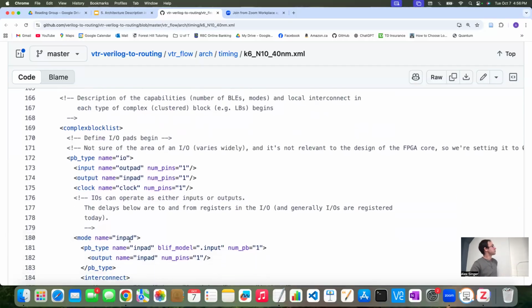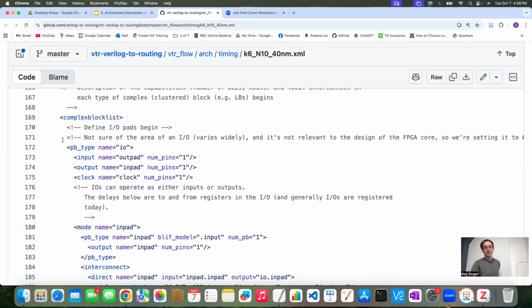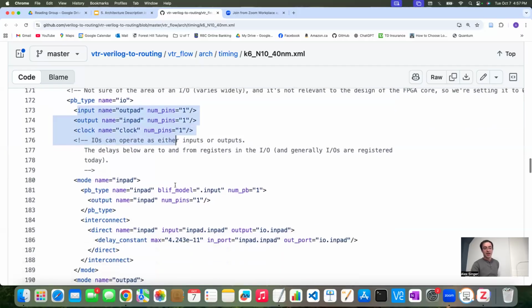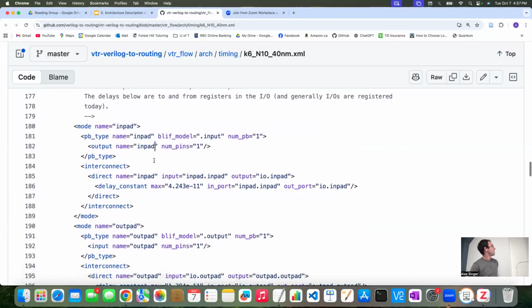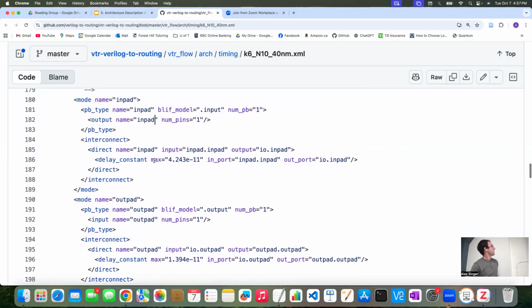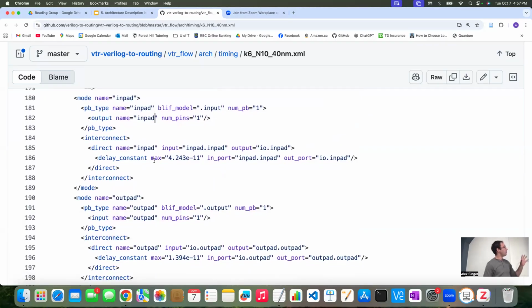But this is actually really close to what I showed in my slides. We're going to have a PB type named IO. It has the following inputs and outputs and the clock. And now we get to see the first use of the modes. What we're saying here is that this IO complex block will either be an input or an output, but it can't be both.